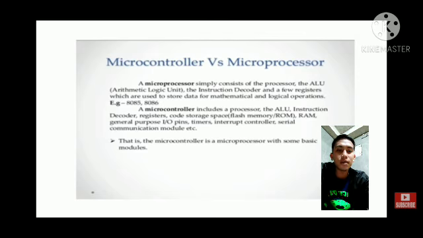It is an example of a complex instruction set computer and has separate memory space for program instructions and data. A microcontroller is a small computer in a single integrated chip. It also contains one or more processor cores along with memory and programmable input-output peripherals.